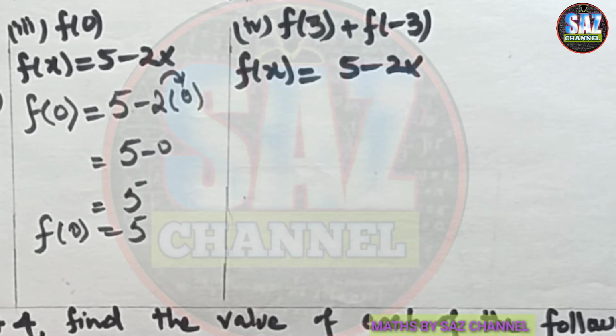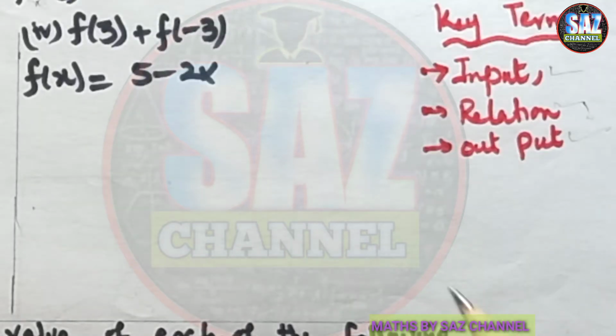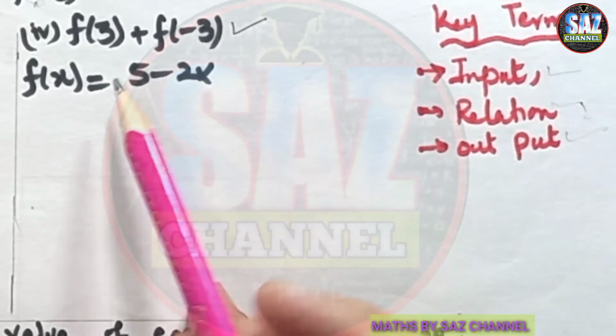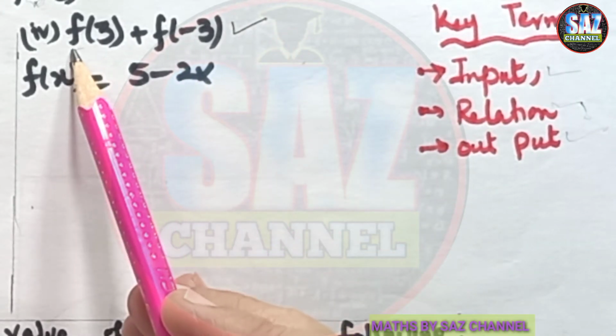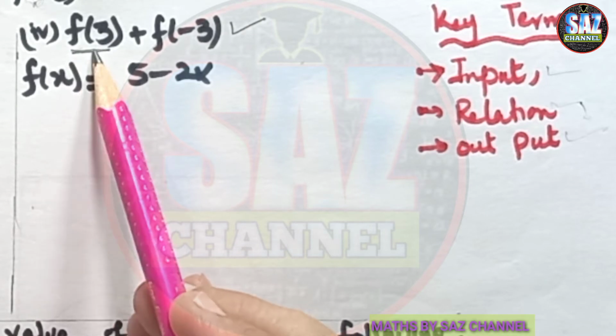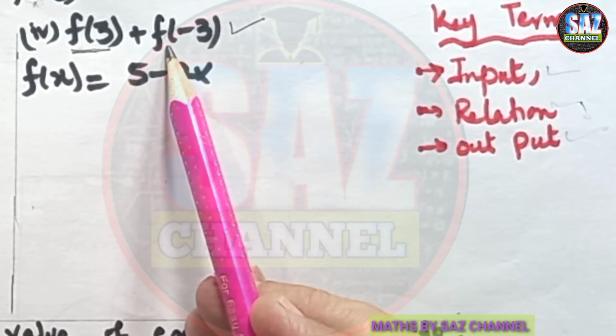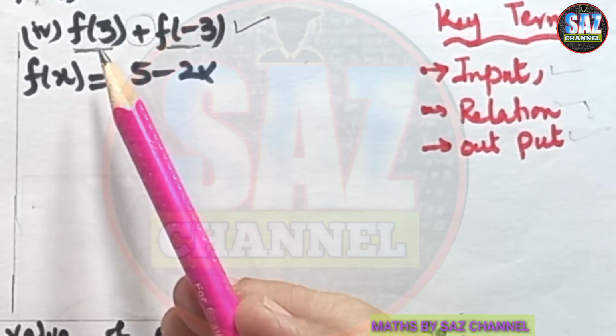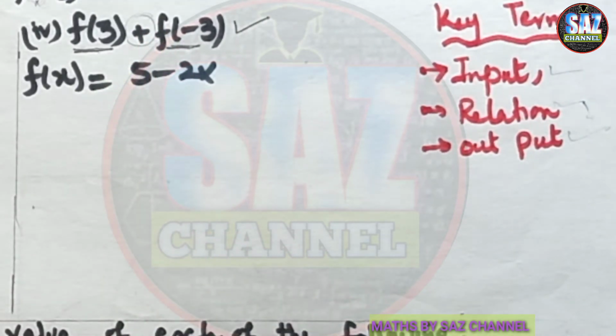Let's move to the fourth part of the question, and the fourth part is f of 3 plus f of minus 3. It means, first of all, we have to evaluate this function at x equals 3, and then we have to evaluate the function at minus 3, and finally we have to add up the values. So let's move to the solution of this part.